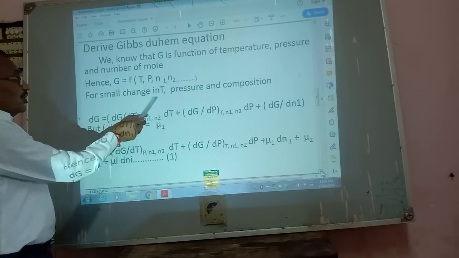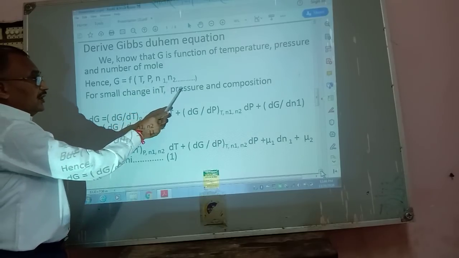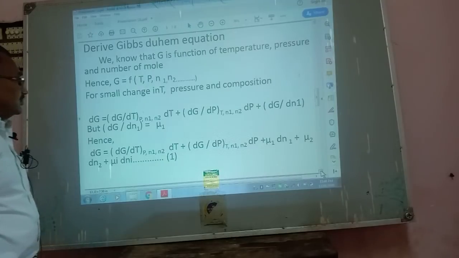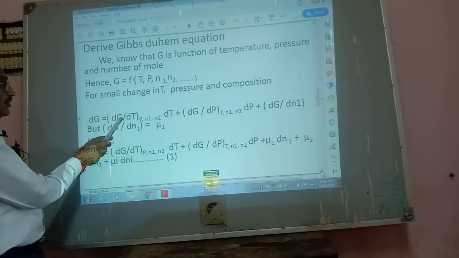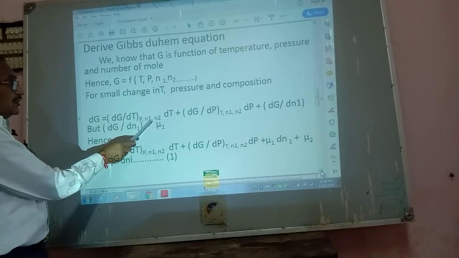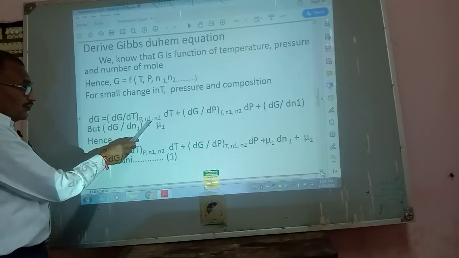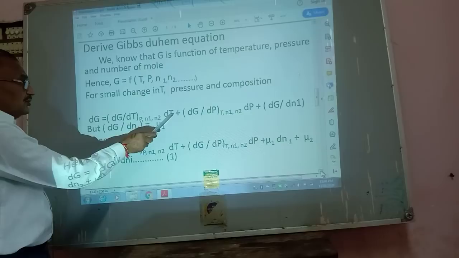Now, for a small change in temperature, pressure, and composition, this change in free energy dG is equal to dG upon dT at constant pressure, number of moles of first component, number of moles of second component, in this way, into dT.